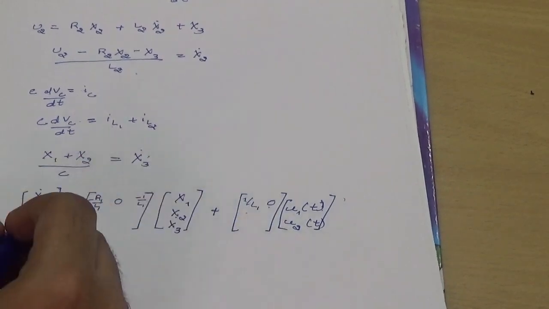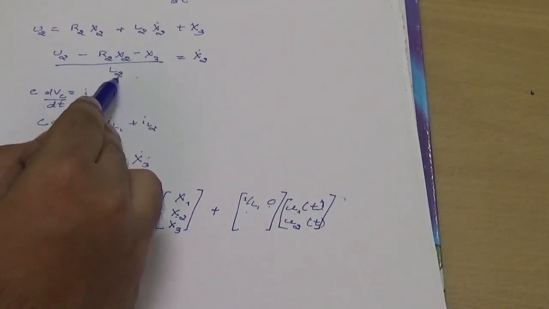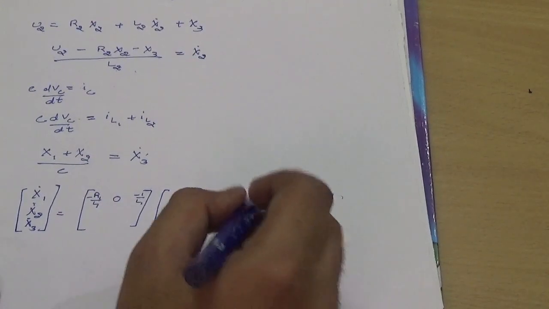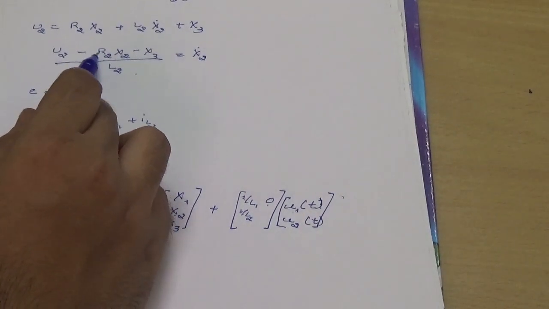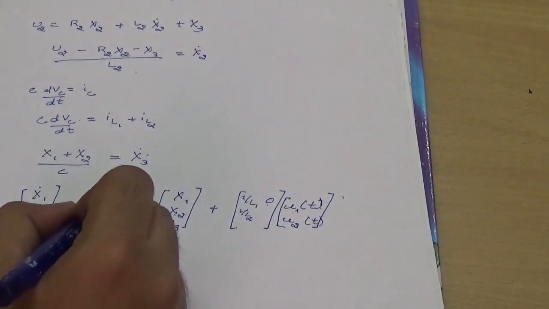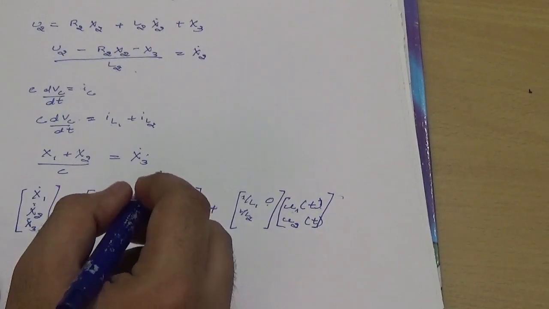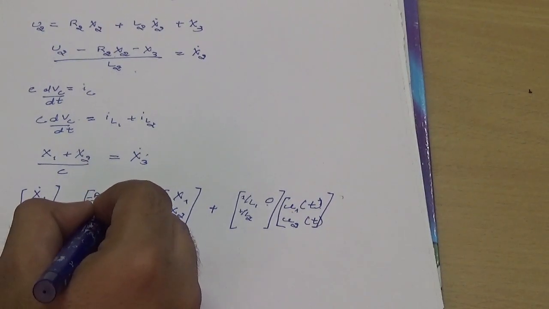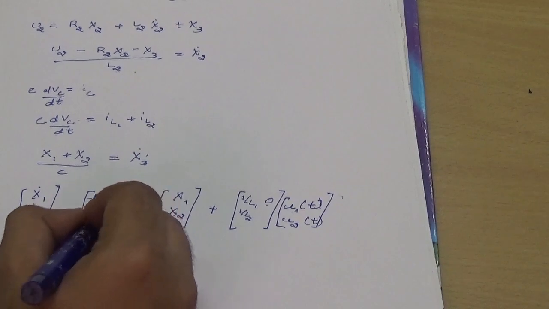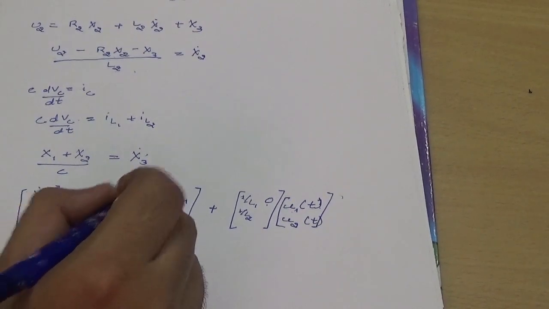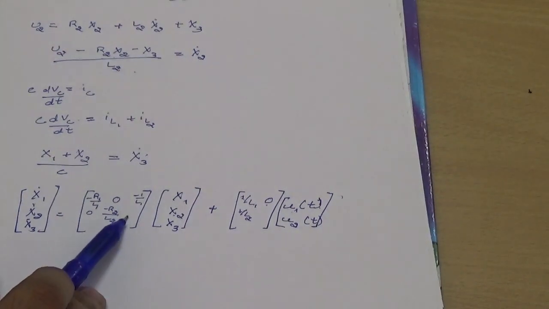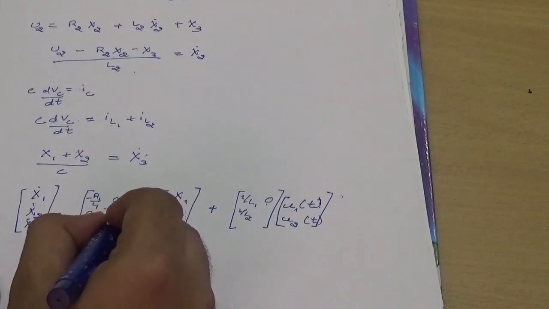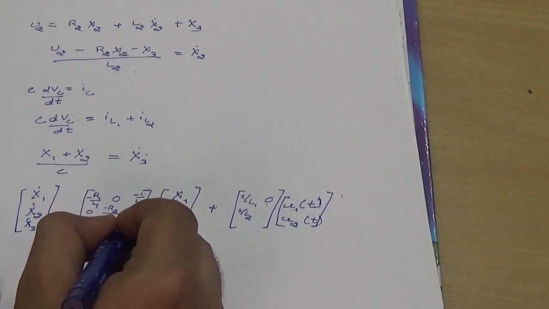Now for x2 dot, in the expression obtained, 1 by L2 is the coefficient of U2. So I write 1 by L2 over here, and x2 has the coefficient minus R2 by L2. Since there is no x1 coefficient, I write 0 over here. Then here it is minus R2 divided by L2, and the third term is minus 1 by L2 because x3 has the coefficient minus 1 by L2.